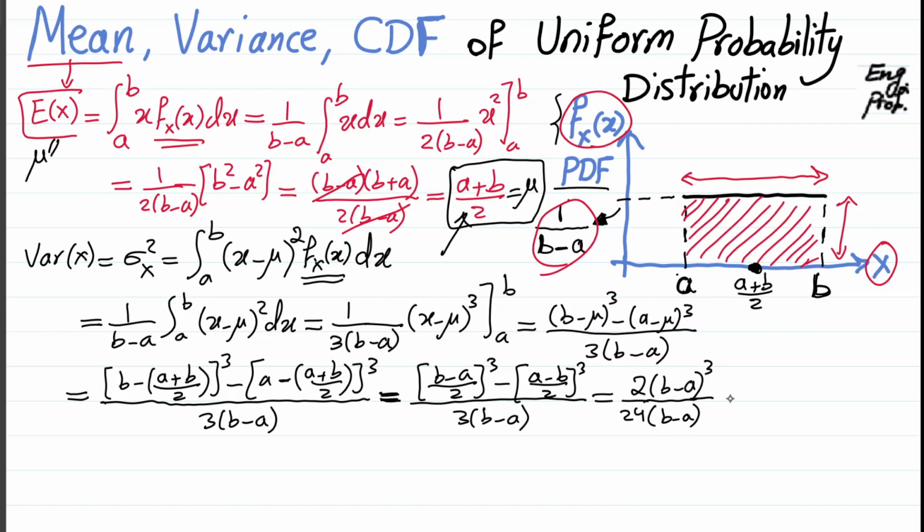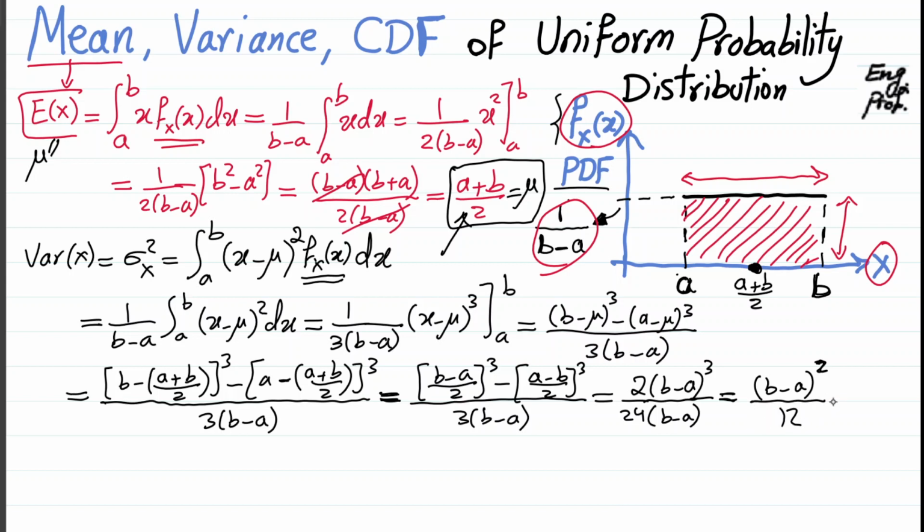So we can push the negative sign inside the odd power. As a result, we get b minus a squared, because one power is removed by the b minus a in the denominator, and 12 in the denominator.